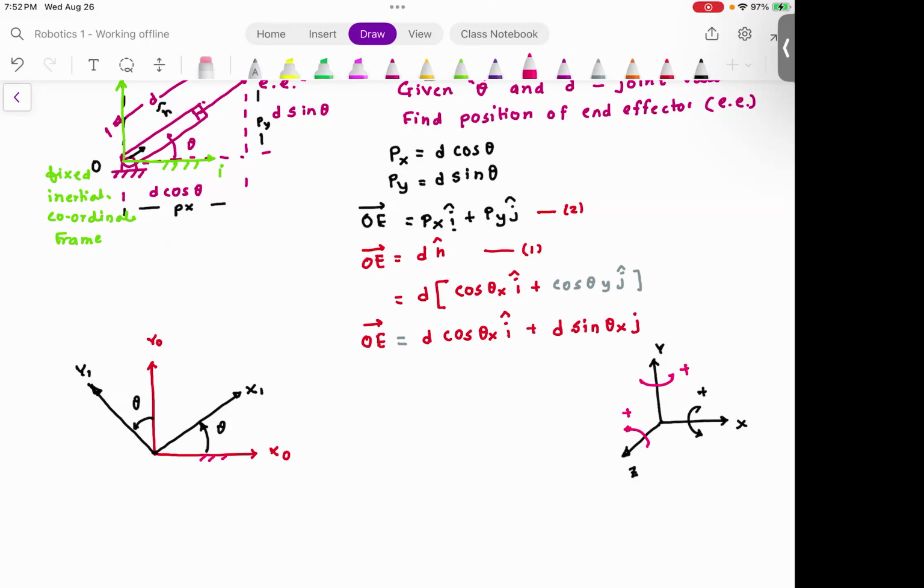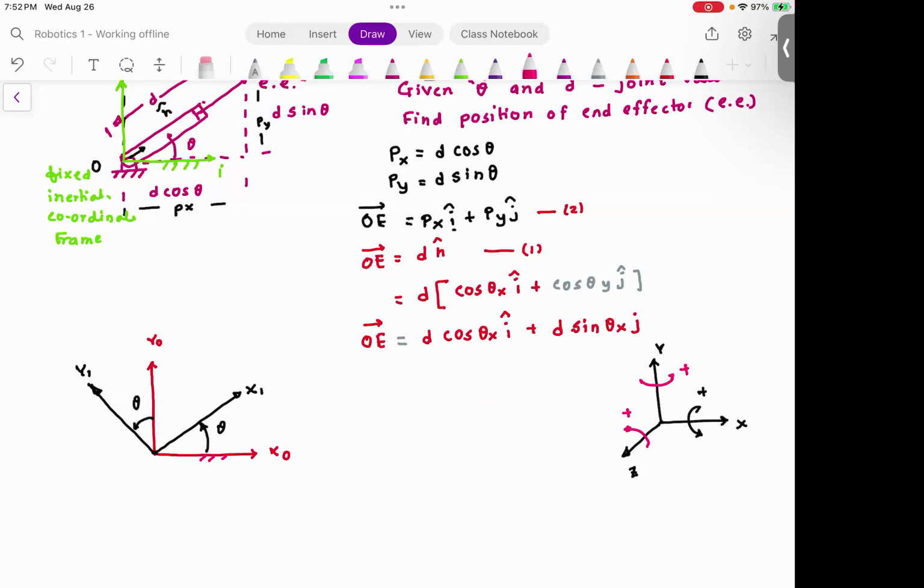If you have x3, then x2 to x3. And as your robot has more and more links, each of these frames will be associated with that link. The first frame, which is x0, y0, is the inertial frame. It's not moving, but all the subsequent frames will be moving.